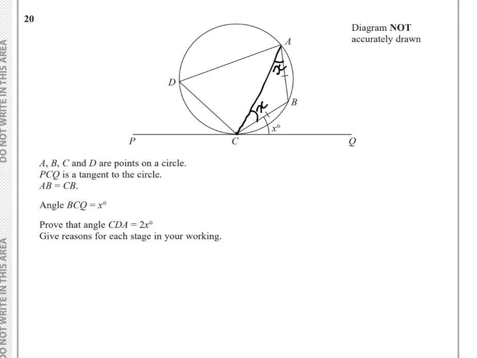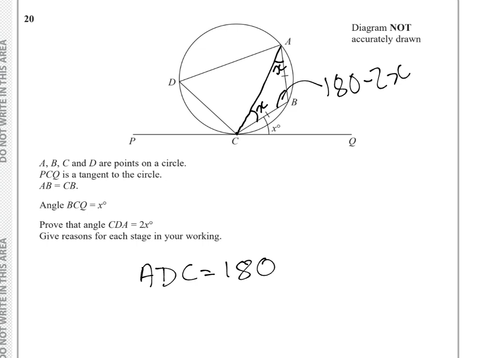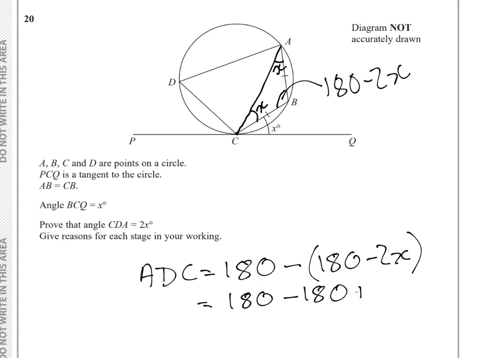So then this is going to be 180 minus 2x. And then the other one, ADC, is 180 minus 180 minus 2x, which is 180 minus 180 plus 2x.